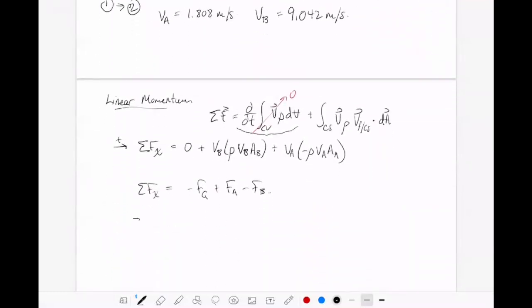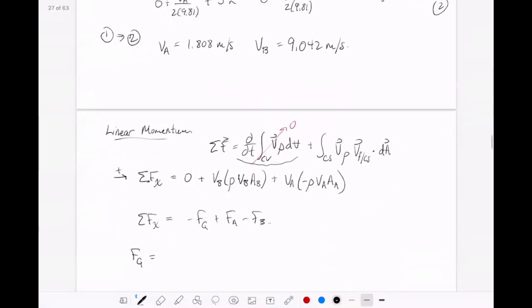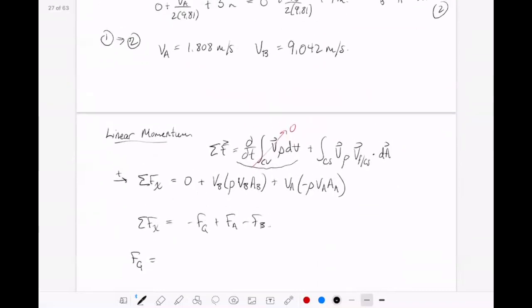So we have finally Fg is equal to, let's call this equation 3, 4, 5.